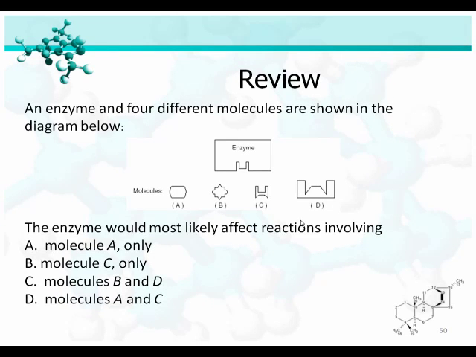So B, looking at the shape of the molecules, B is the only choice that would make it complementary to the active site and the enzyme.